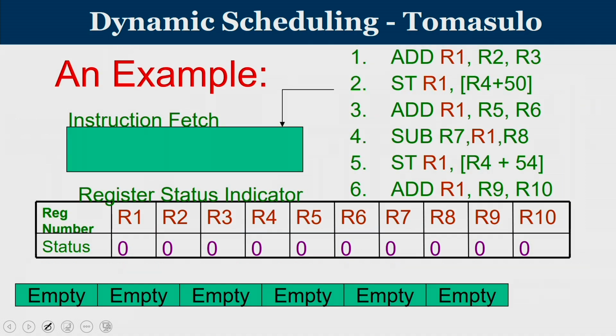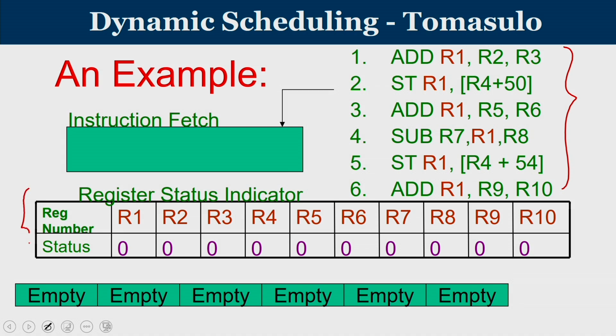Now, let us take a simple example to understand how these register status indicator values are operated on. Consider a scenario where you have a program to execute. The program is already given, there are 6 instructions in the program. Now, you have 10 registers from R1 to R10 and the register status indicator is already shown here.